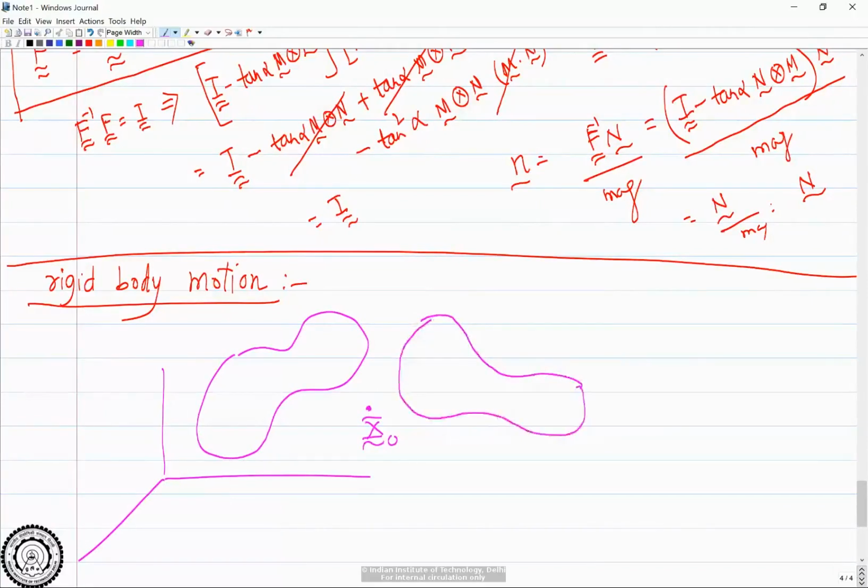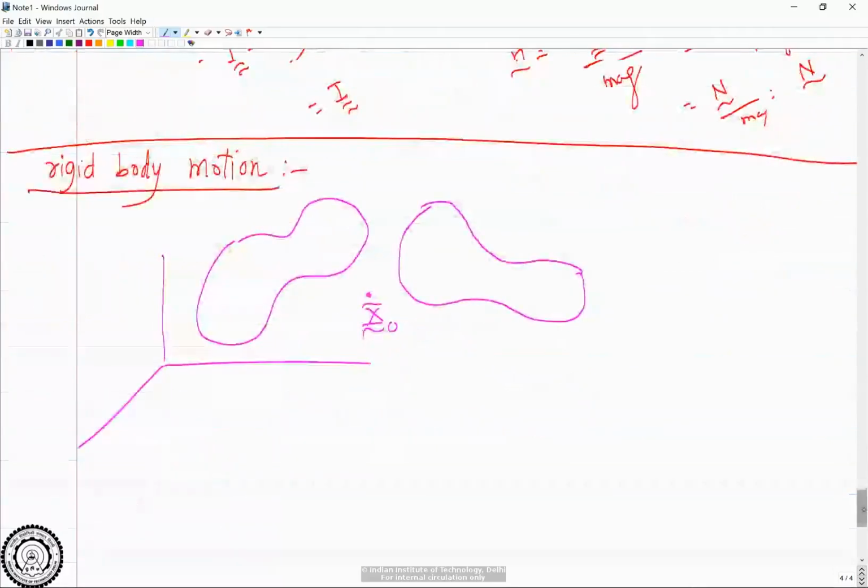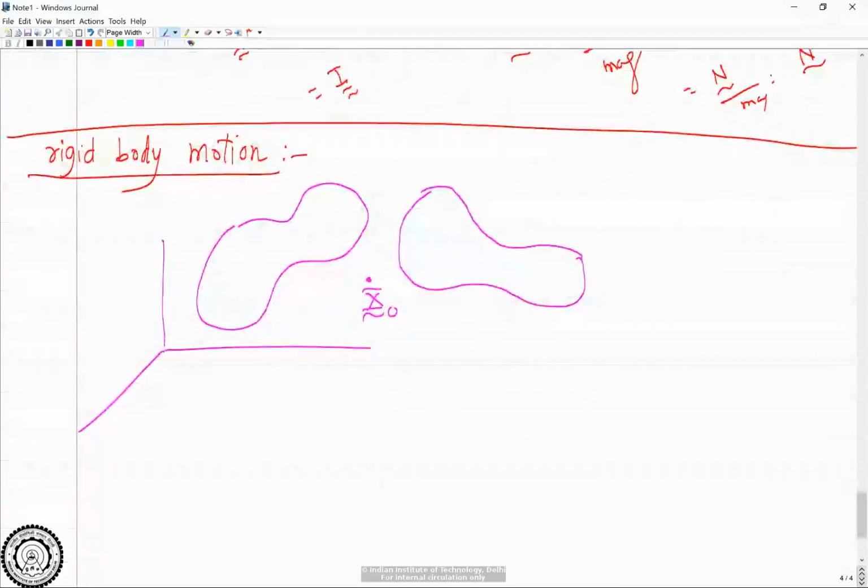See, the same shape, it's just rotating. And if there is an extra translation also, then it could also translate. Maybe the point of rotation is somewhere over here.